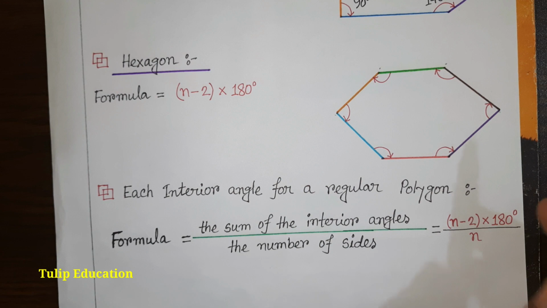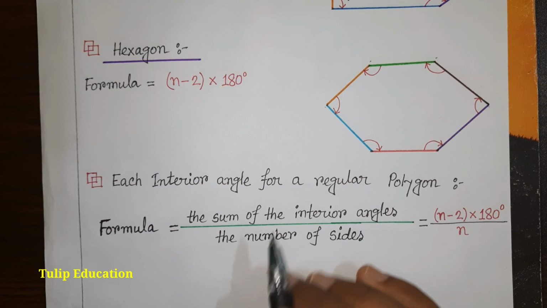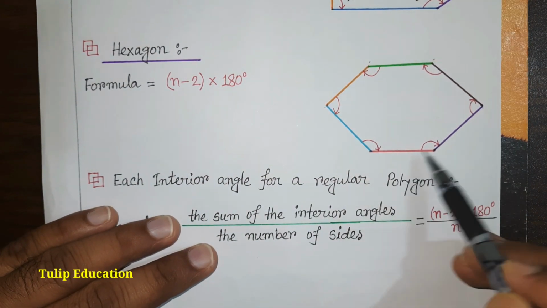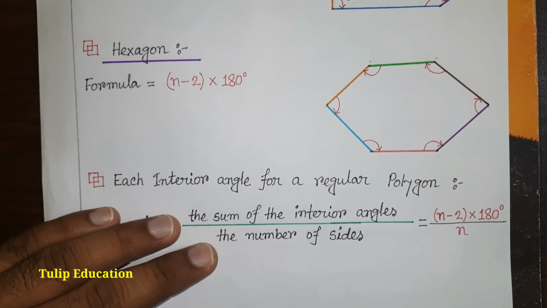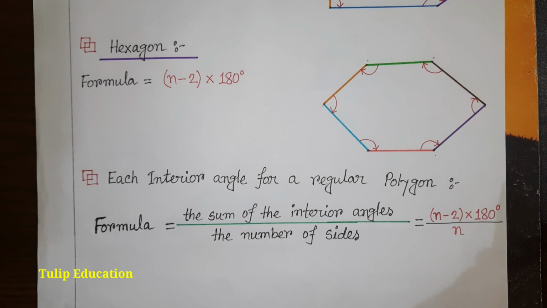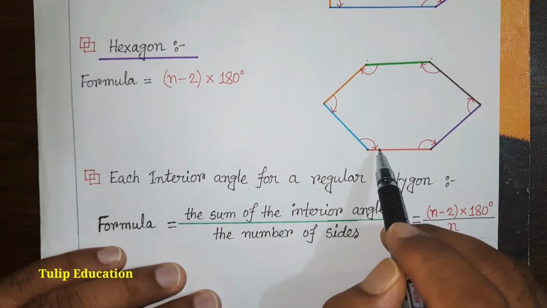Now, if this hexagon is a regular polygon, we have discussed in our previous tutorial what is a regular polygon. A regular polygon is one in which all its sides and all its angles are equal. So, if it is a regular hexagon, we can easily calculate each angle.